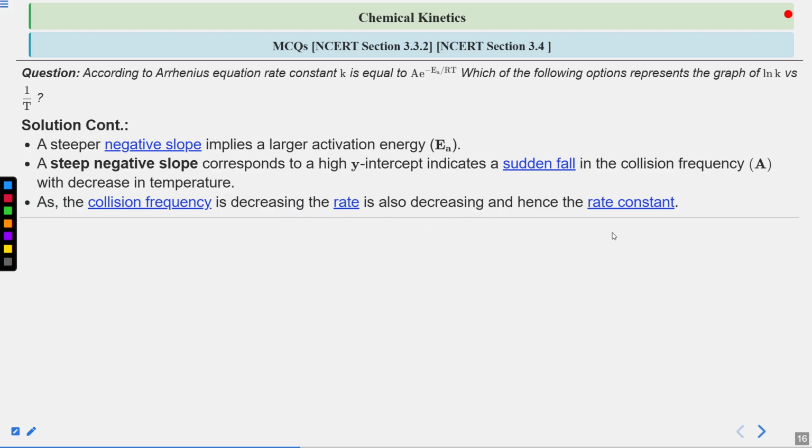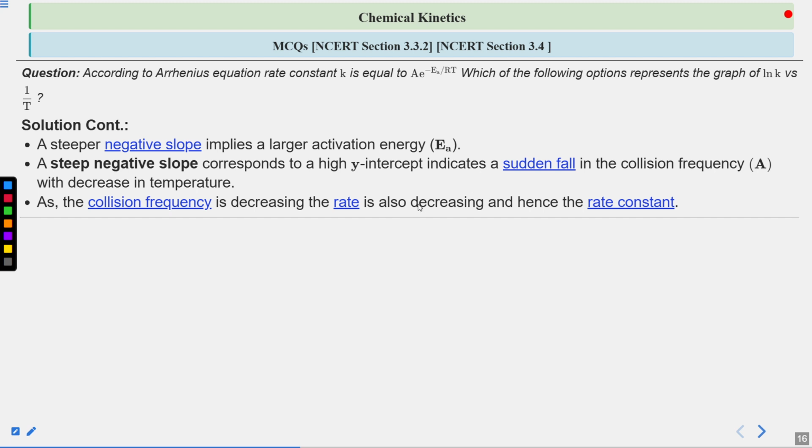Well, this is the concept-wise thing: collision frequency means, per unit time, the number of reactant molecules which are colliding with each other for converting into a product. If that is less, then the rate will also decrease, and hence the rate constant will also.